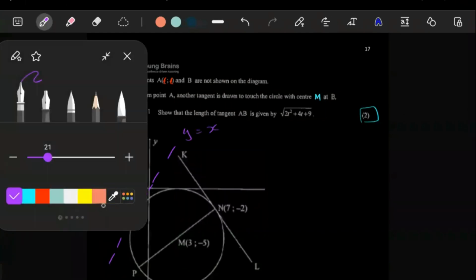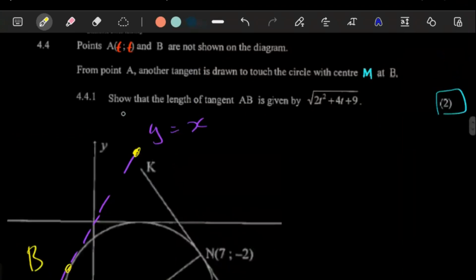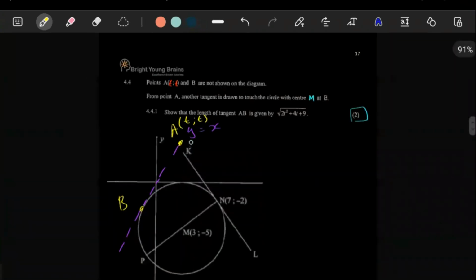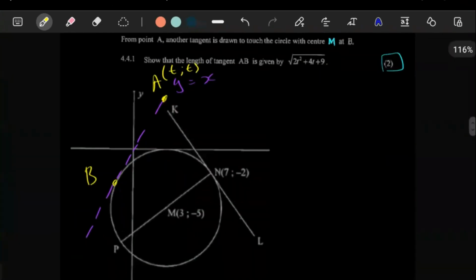Because if point A is a random point somewhere, and B is a point on the circle, the only way point A can have coordinate t, t is if the equation of that straight line is just y is equal to x. So by default, you know that this is the tangent that they're talking about.